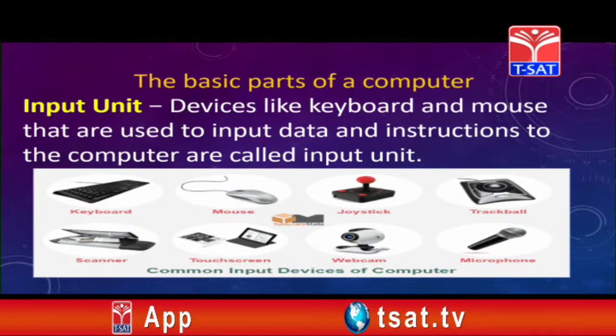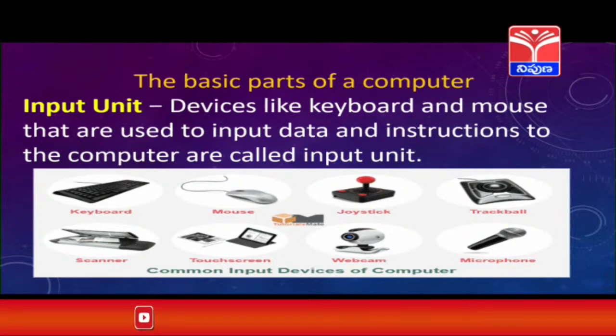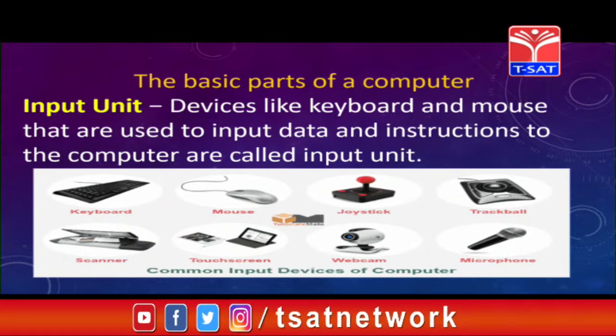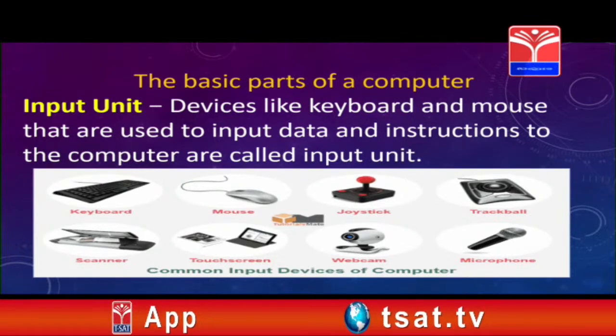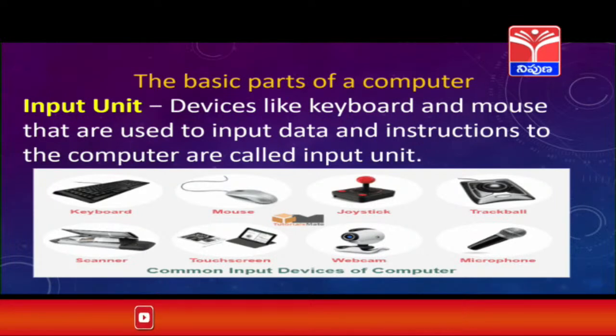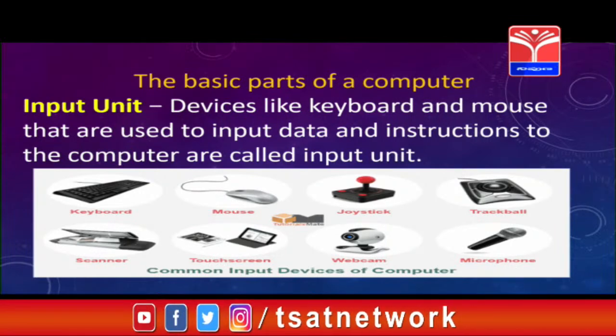The first one is the input unit. Devices like the keyboard and mouse that are used to give input data and instructions to the computer are called input units. We are seeing this keyboard. In the keyboard we have alphabets, numerals and symbols, and by typing all these we give input data to the computer.